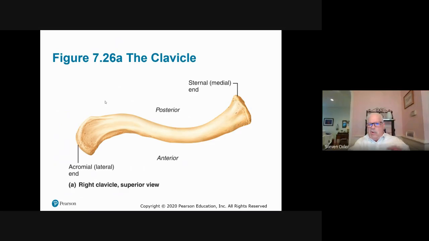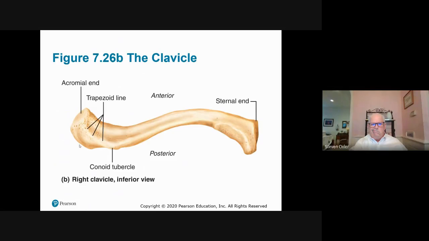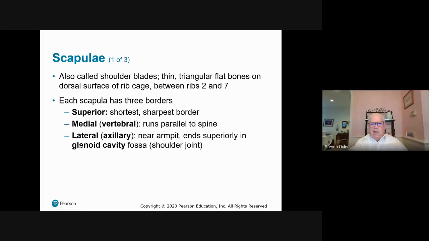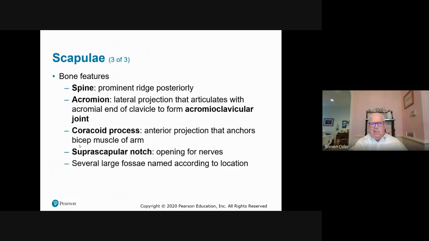You don't have to know anything about the clavicle except the acromial end and the sternal end. This attaches to your sternum. This attaches to your shoulder blade. Don't worry about all the others. Those are not important.